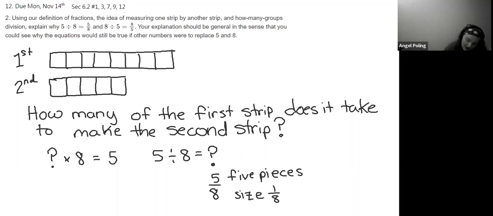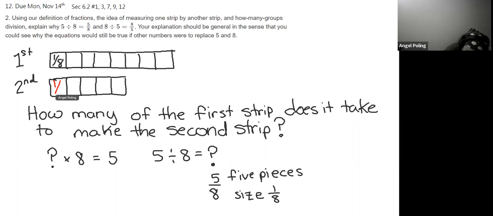Okay. Now, if we go back to our drawing and focus on the fact that we're saying how many of the first strip does it take to make the second strip, we cut the first strip into 8s. And then from that, we constructed the second strip, but we constructed it out of 8s, right? So I'm going to go in with a different color.